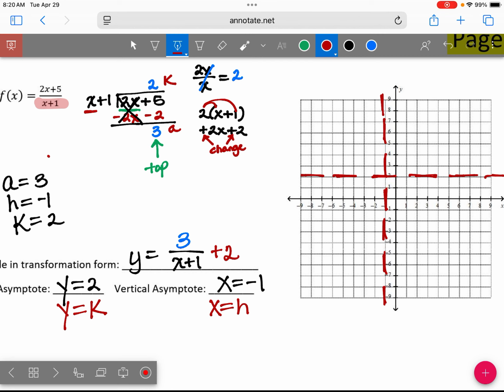So what that does is it divides my graph into 4 areas. This is the area that I use when A is positive, and when A is negative, I use this part.